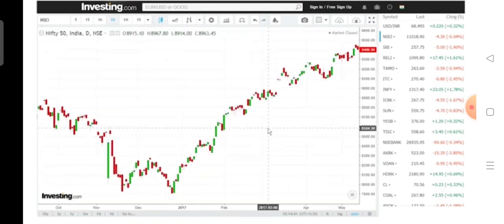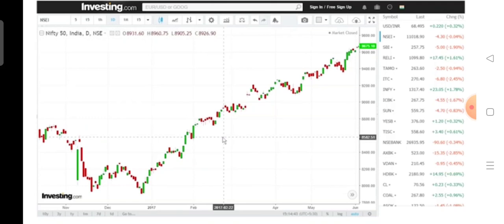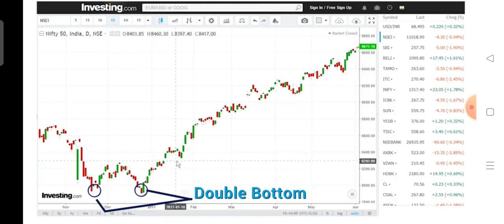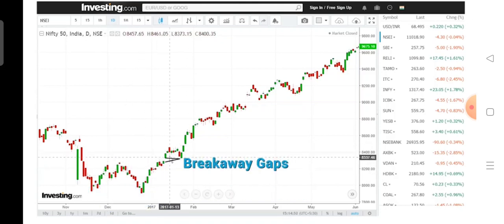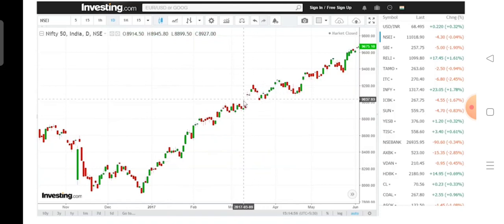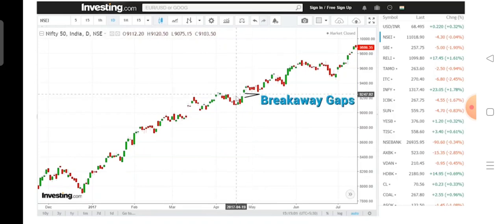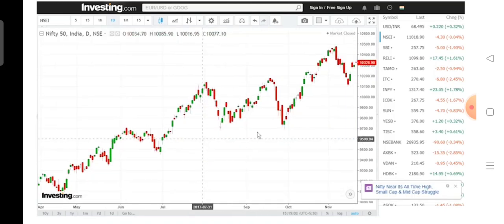Now let us look at the Nifty in the latter stage also. Here we could see that the Nifty was within a double bottom kind of consolidation. Then see, there was a breakaway gap. Then in the course of the movement, we can see that there were many runaway gaps.